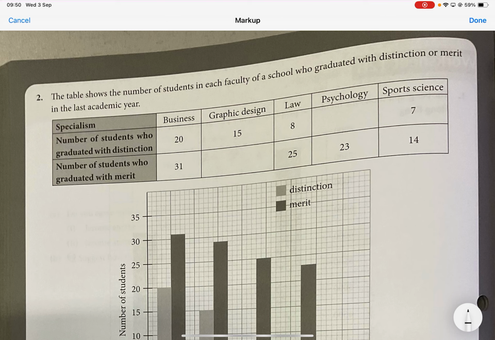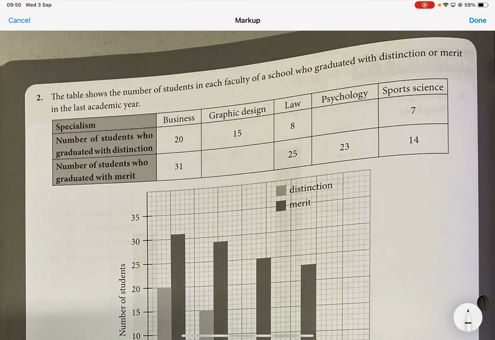For this question, they give you a table and then they also represent this table with a bar chart. Okay? So you must be able to think and then link. How is this table being presented in a bar chart? Okay? So you see specialization.